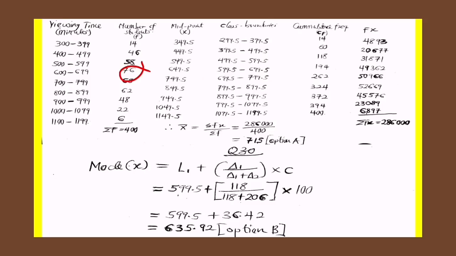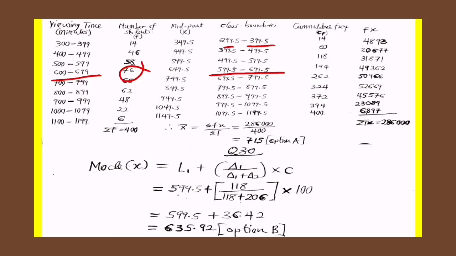I added 0.5 to 399 to get 399.5, then subtracted 0.5 from 300 to get 299.5. I did the same for the modal class, 600 to 699, so the class boundary for the modal class is 599.5 to 699.5.